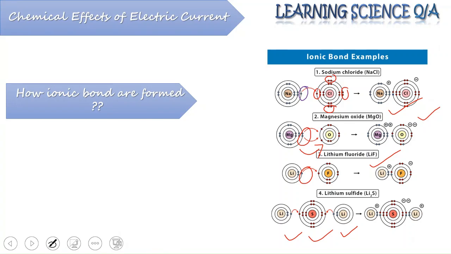So always remember, ionic bonds are formed by the loss or gain of electrons. That means one element is losing the electron and the same electron is getting acquired by the other element.